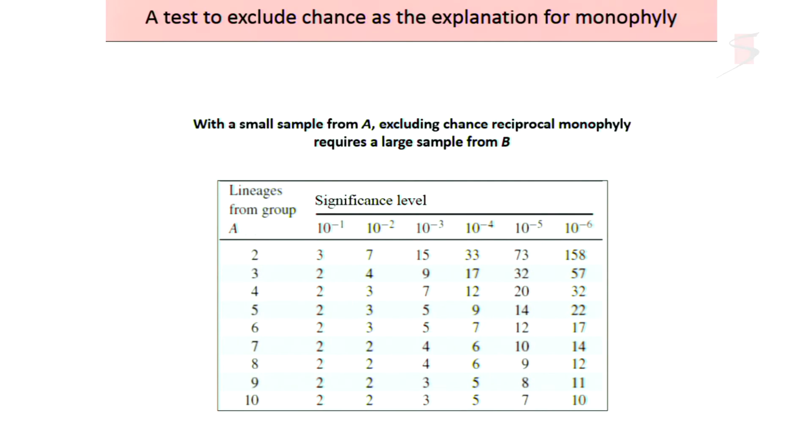However, if the sample sizes are very uneven, so here's a case where there's only 2 lineages from group A, we need quite a lot of samples, quite a lot of lineages from group B in order to exclude an observation of reciprocal monophyly as having been due to chance branching. You can see that as those sample sizes get larger from group A, the sample size from group B doesn't need to be nearly as large in order to reject chance branching as being the explanation for reciprocal monophyly.